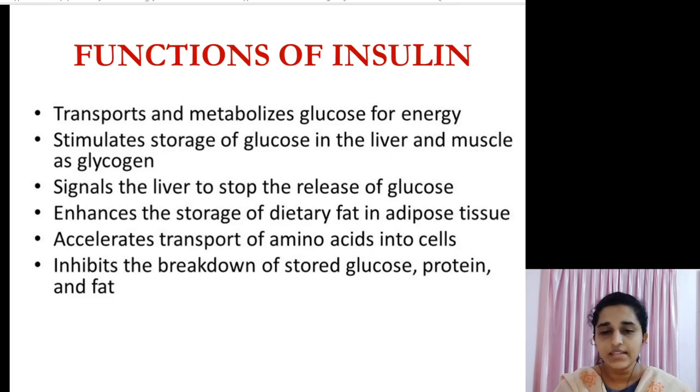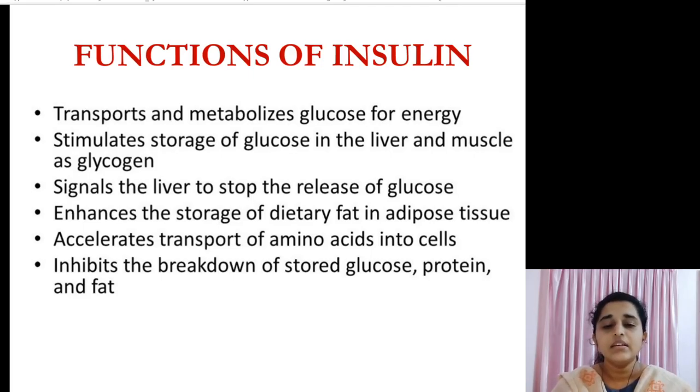Next we are going to see what happens to fat metabolism. Insulin enhances the storage of dietary fat in adipose tissue. And the next function is about protein metabolism. Insulin accelerates the transport of amino acids into cells.